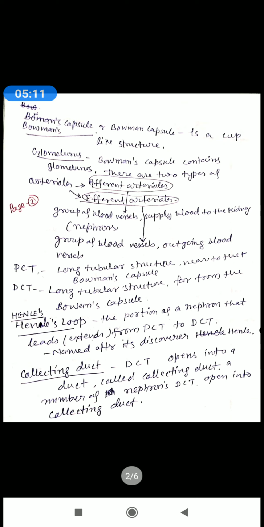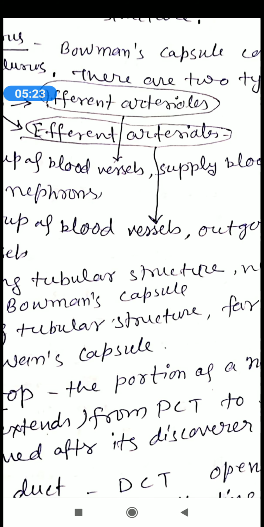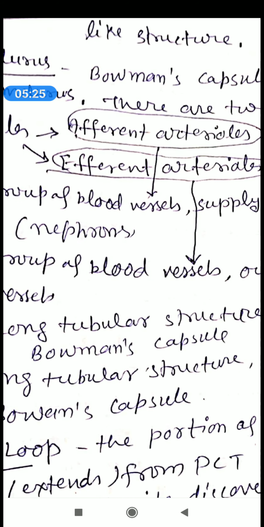Now the Bowman's capsule. Bowman's capsule is a cup-like structure. Bowman's capsule contains glomerulus. There are two types of arteries, afferent arterioles and efferent arterioles.